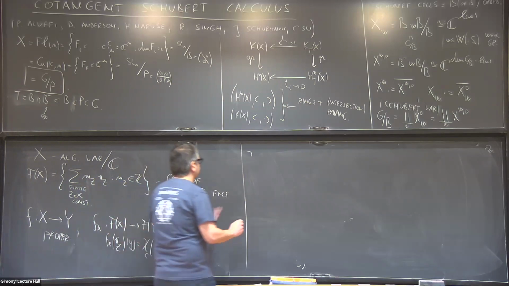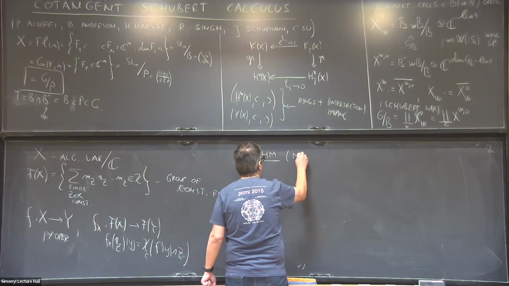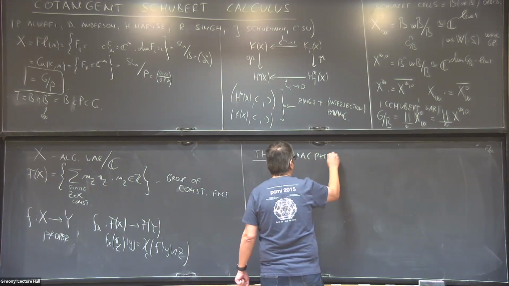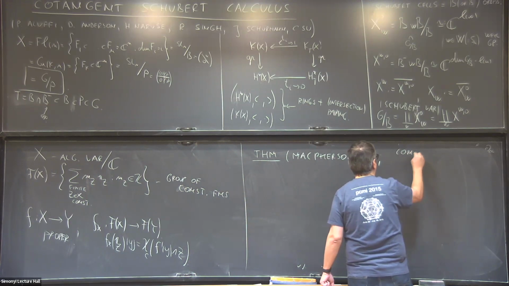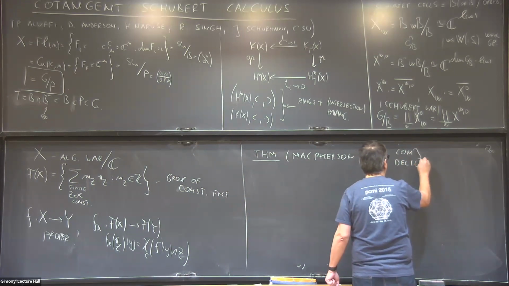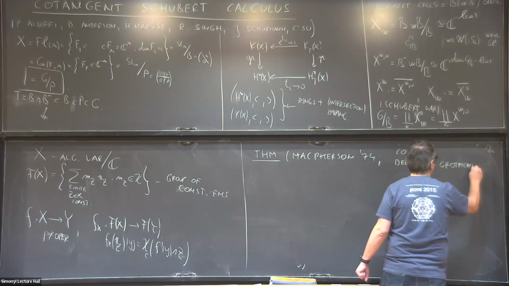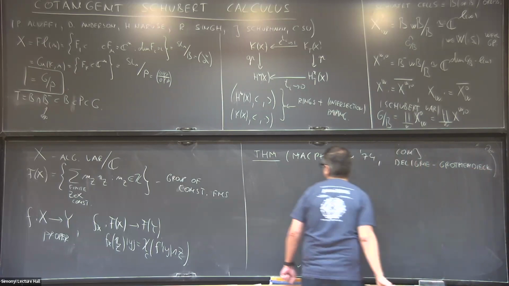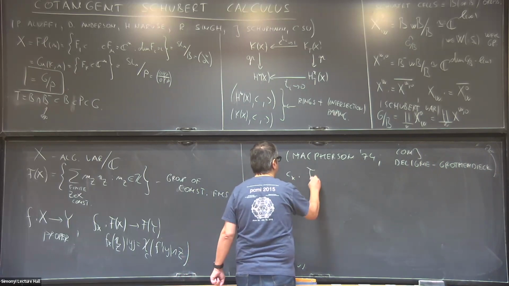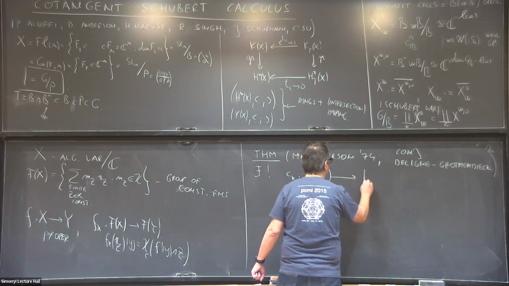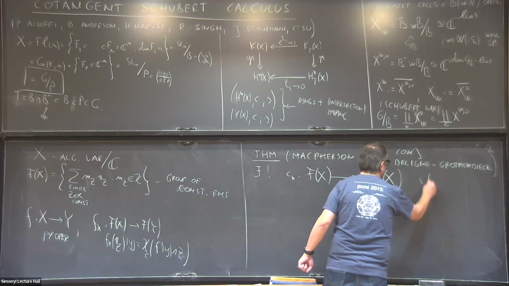So, all right, this is now a theorem. This is MacPherson 1974, and this was a conjecture, in fact, by Deligne and Grothendieck earlier. It says the following. There exists a unique transformation, c_star, which goes from constructible functions to homology, such that two conditions are satisfied.